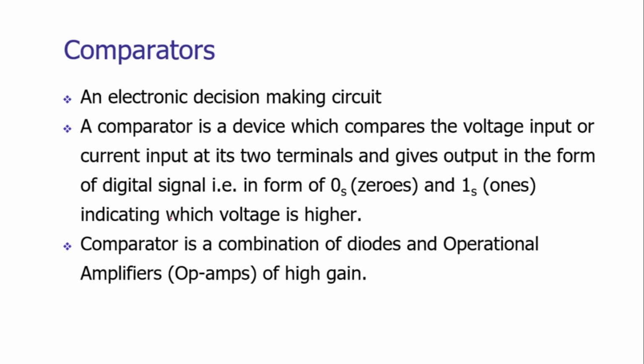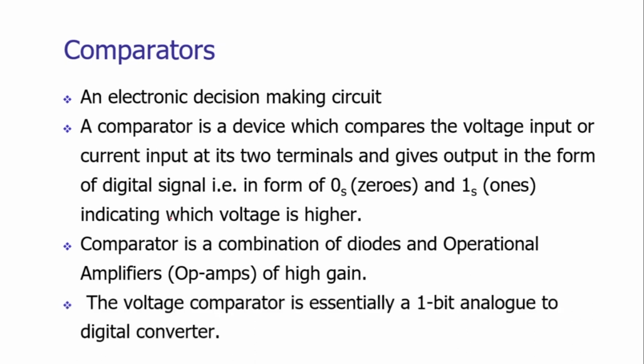The comparator has a combination of a semiconductor device, that is a diode, and an operational amplifier. The operational amplifier should have a high gain. A typical voltage comparator is essentially a 1-bit analog to digital converter.